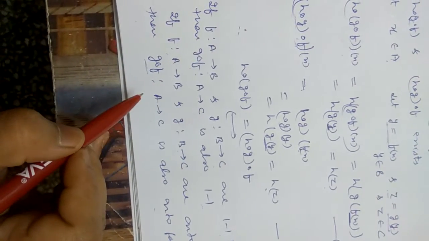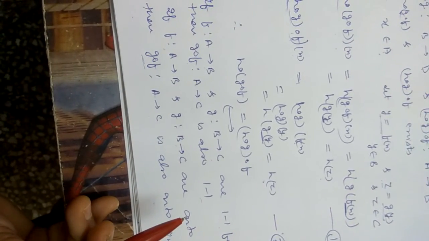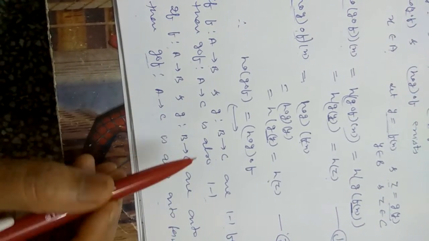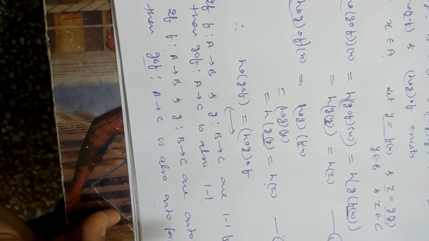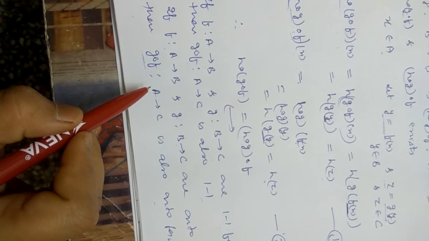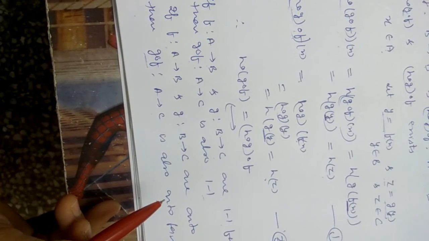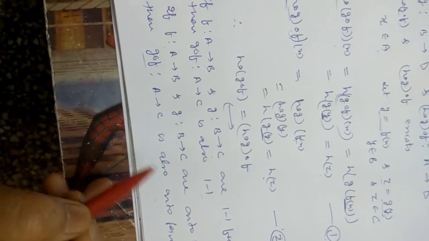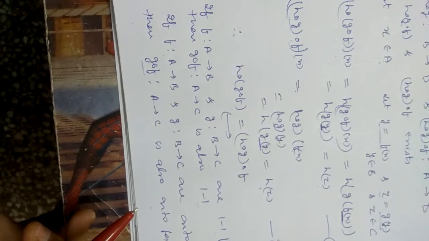From this, we say that if f and g are one-one and onto, it means f and g are bijective functions. Then g∘f is also a bijective function. g∘f is also one-one and onto. Therefore, it is a bijective function.